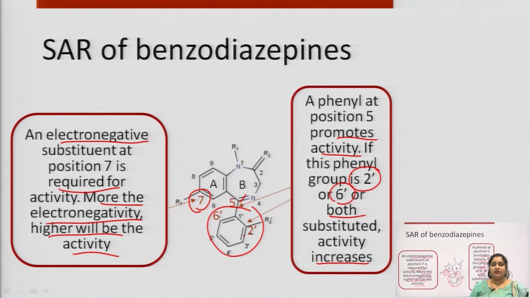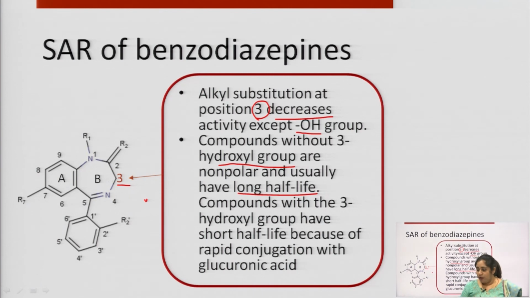Any electronegative substituent at position number 7 will increase the activity. For the phenyl ring at position number 5, further substitution at positions 2' and 6' is highly encouraged. Alkyl substitution at this position does not give satisfactory results.